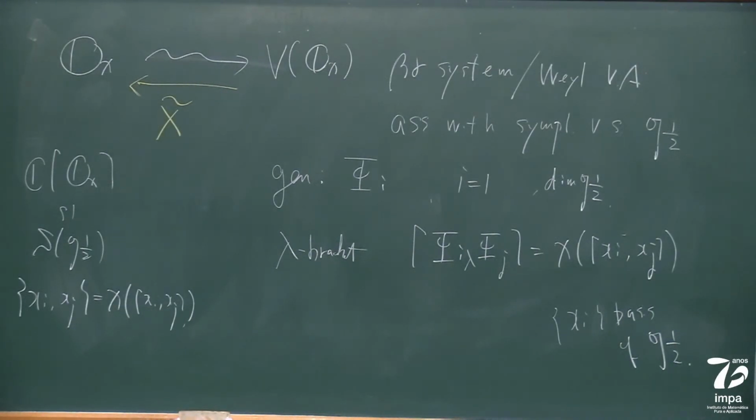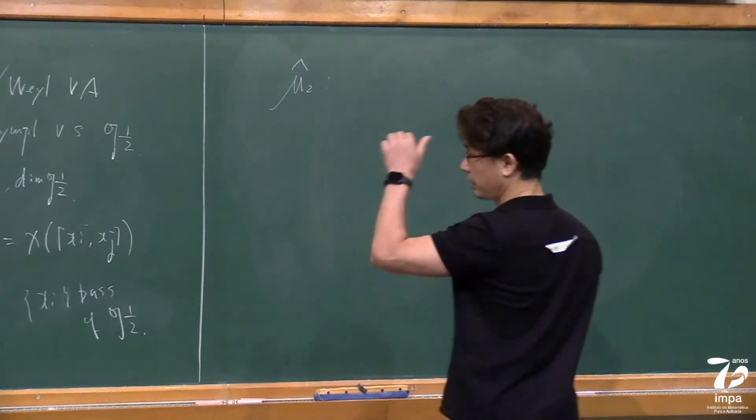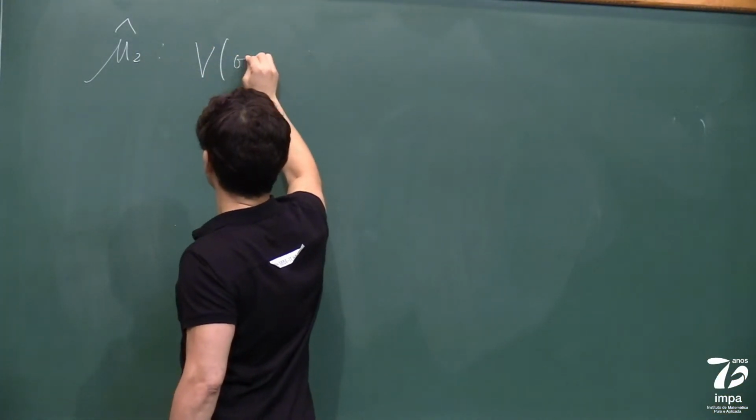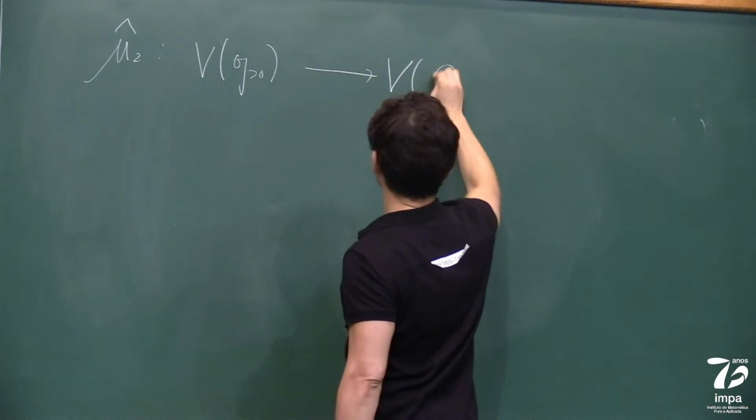Then what is the momentum map? This should be a morphism from V of G positive to V of O chi.